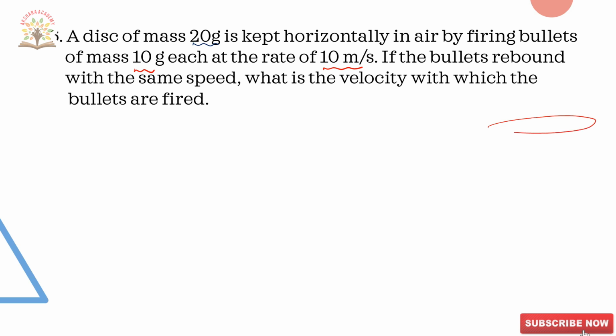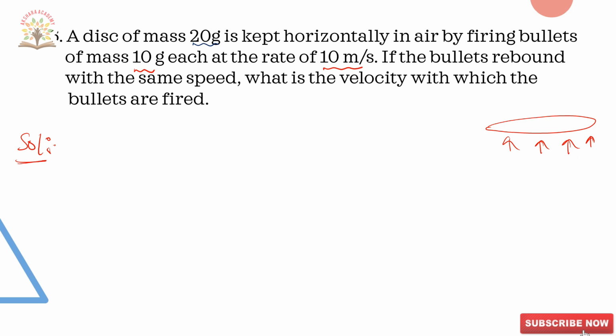Here suppose this is the disc. Now we are firing the bullets, with bullet mass 10 grams and disc mass 20 grams. Now we are finding the velocity with which the bullets are fired. So let us go to the solution.